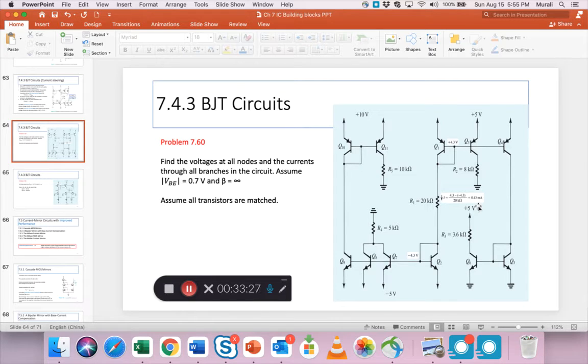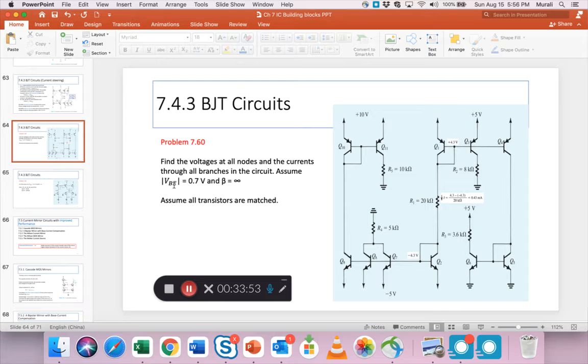So essentially you need to find currents and voltages everywhere. So when we say everywhere, like the voltage here, the voltage here, here, the voltage here, the voltage here, and so on. Okay. So let's start with something very simple, which is what is the voltage here, right?